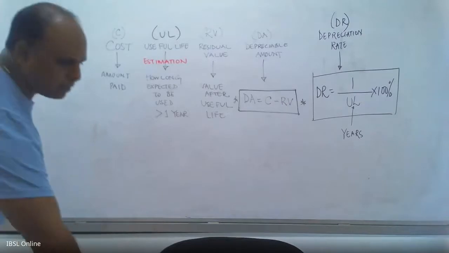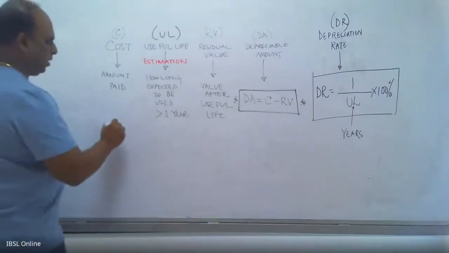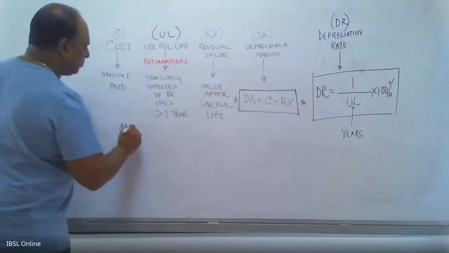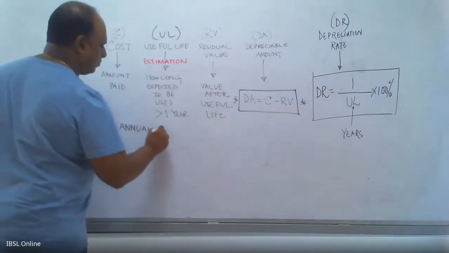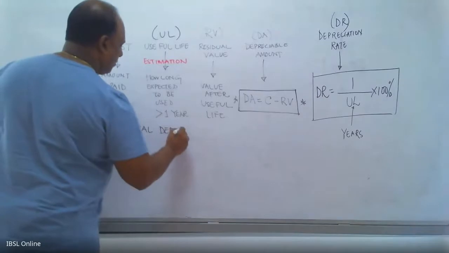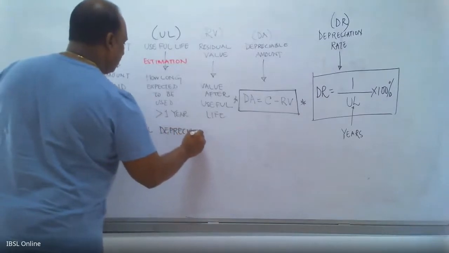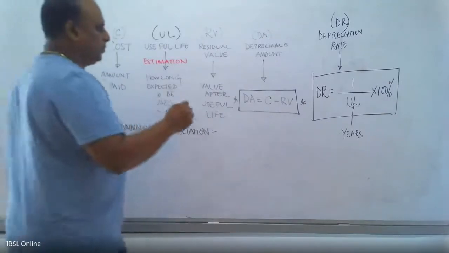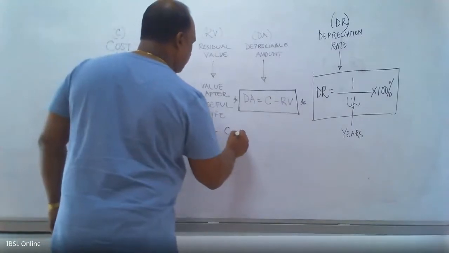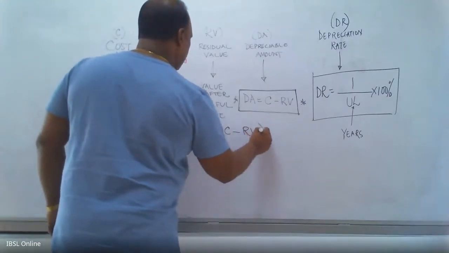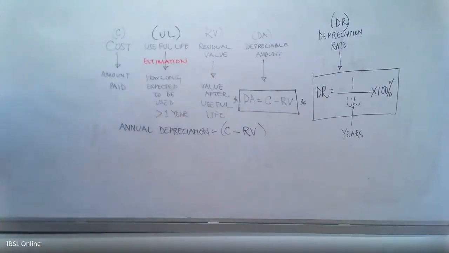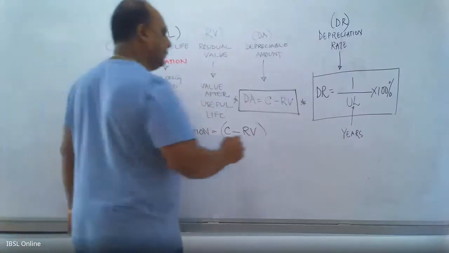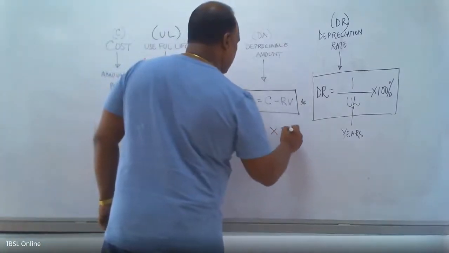Annual depreciation is equal to cost minus RV, cost minus residual value, into depreciation rate.